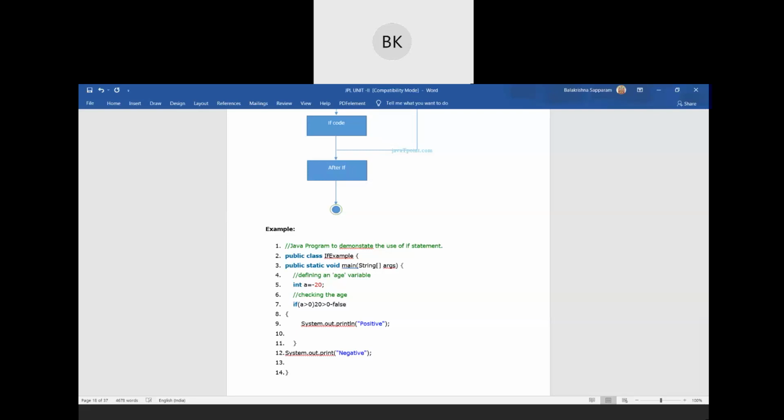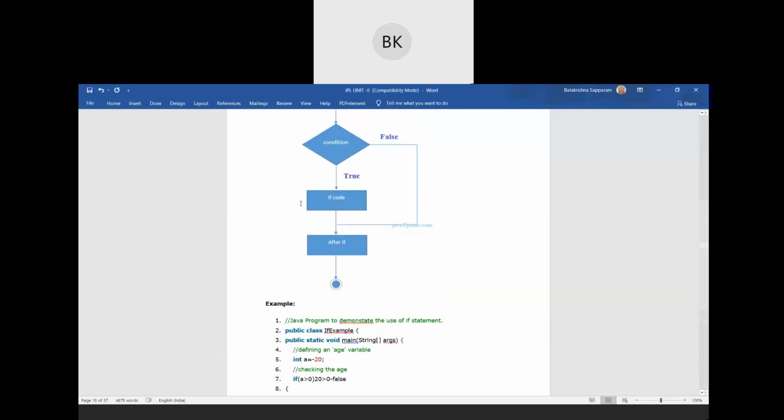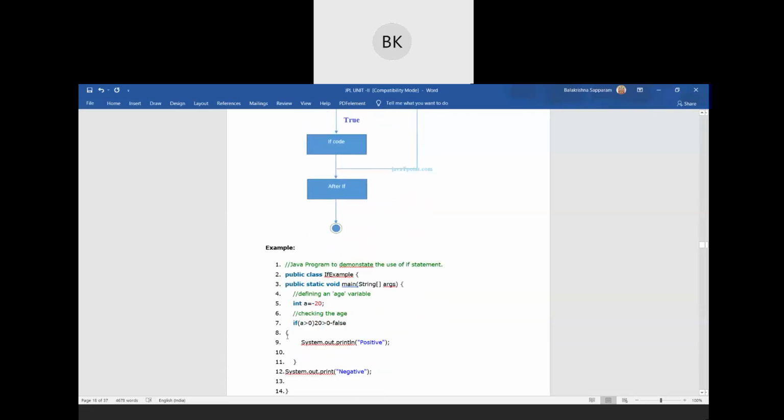If it is false, skip the block. Next, out of the block, what is the statement? System.out.println, you will write it as negative. You will get the output negative, because minus 20 is a negative number. No problem for negative numbers.